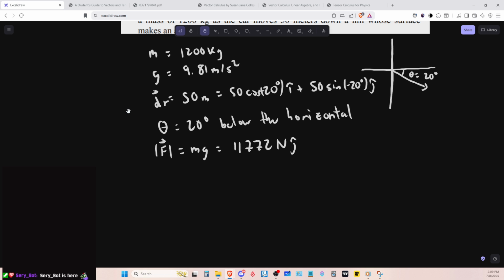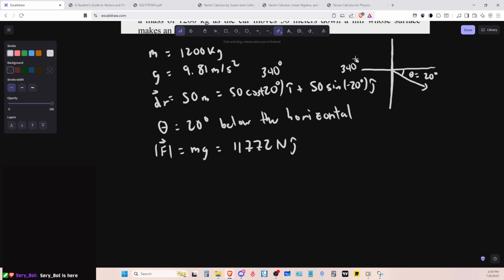Since it's below the horizontal, I'd rather write it the other way. So instead of negative 20, it would be 340, as an alternate, because it's 360 minus 20. I'm leaving the other one up here just in case it feels uncomfortable.